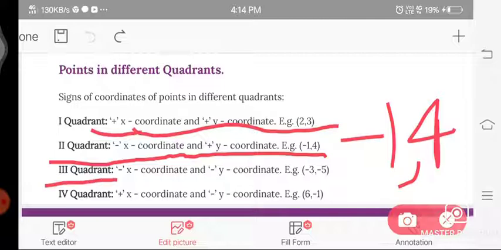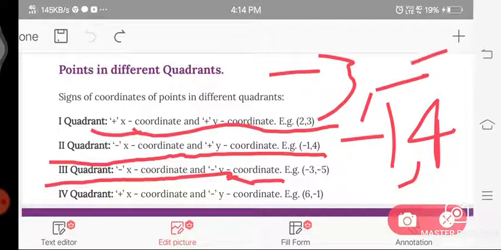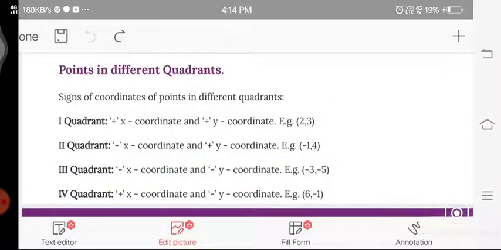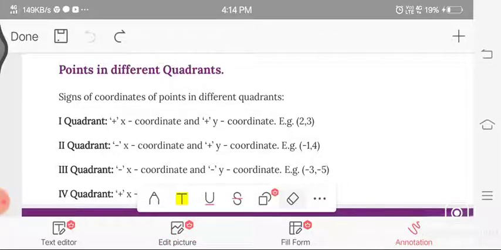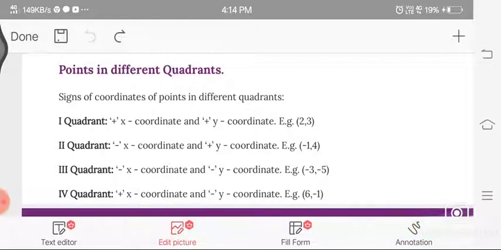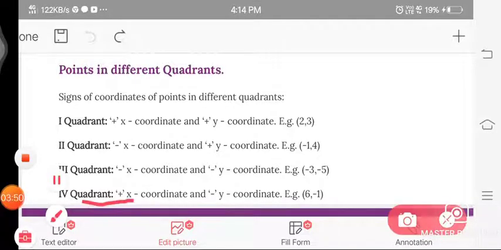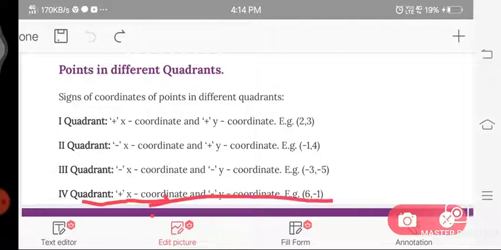In the third quadrant, there is minus on both x and y coordinates, for example (-3, -5). In the fourth quadrant, there is plus on the x coordinate and minus on the y coordinate, like (6, -1).